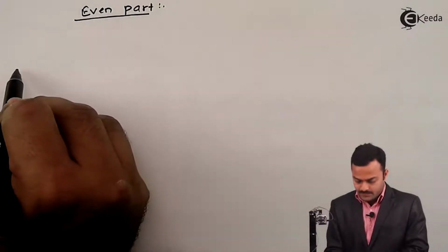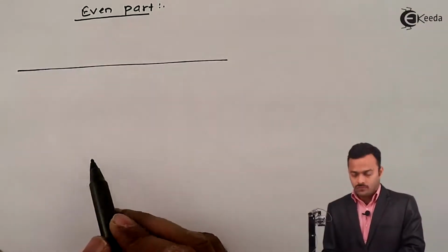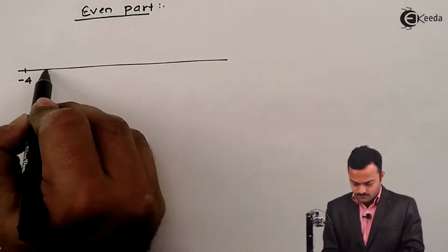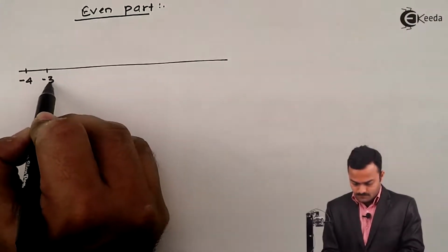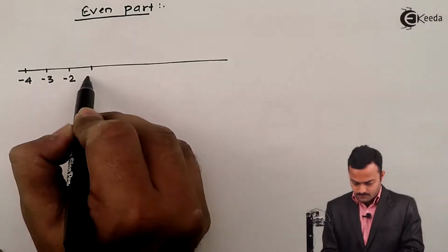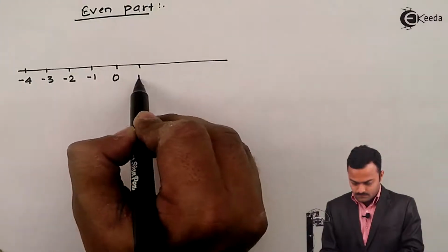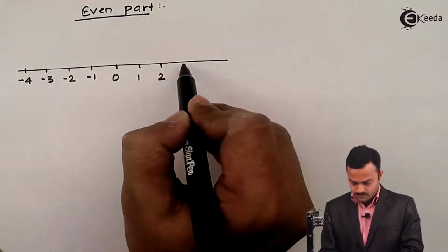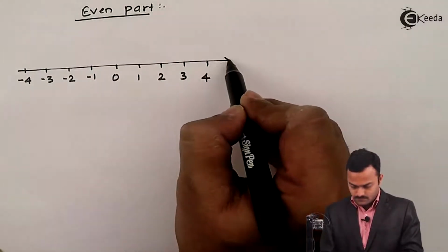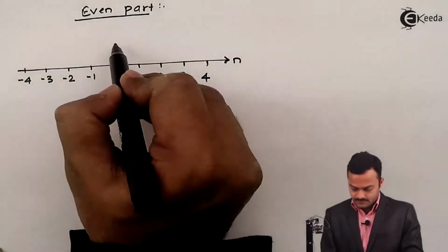We'll have the signal span from -4 to 4. And the signal will be like this.